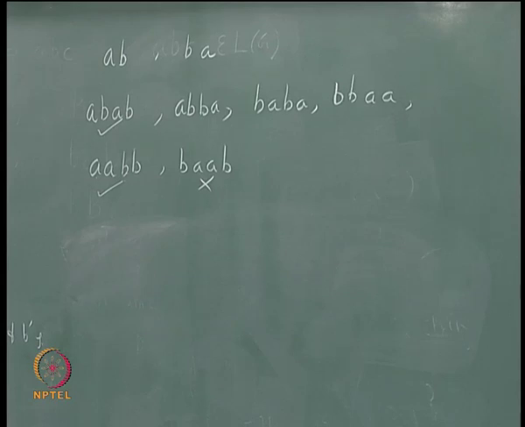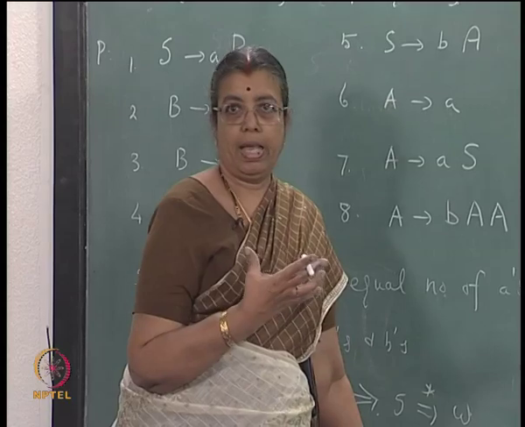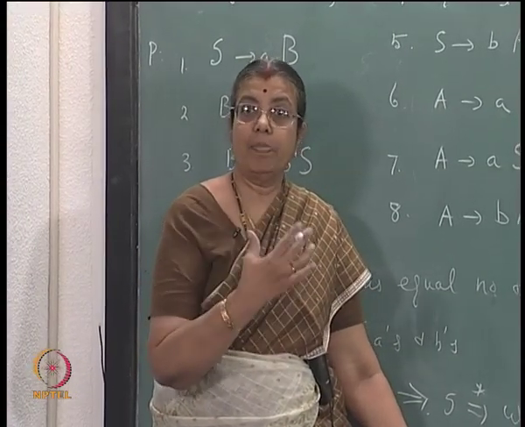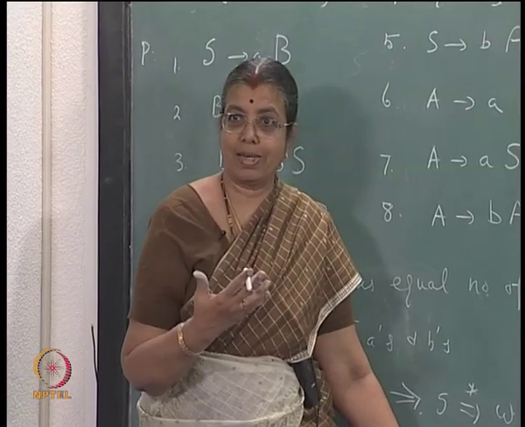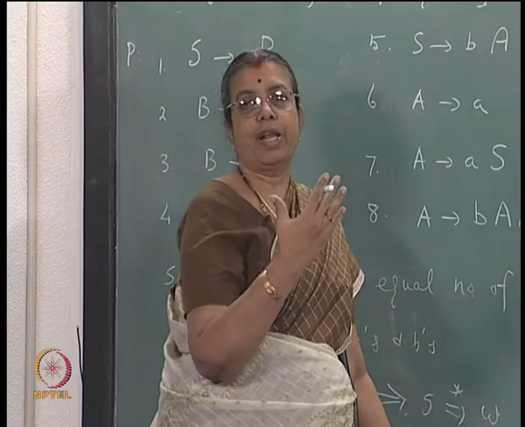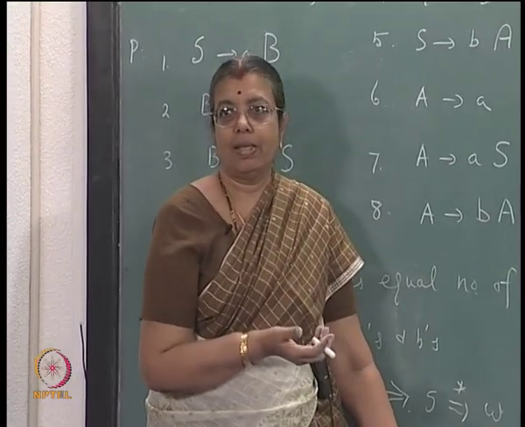So, there is a difference. Here any string will have an equal number of A's and B's. In the Dyck set also any string will have an equal number of A's and B's, but there is some more restriction. What is that restriction? Left should come first. I mean, a well formed string of parentheses means the left parenthesis should come before the matching right parenthesis. Okay.